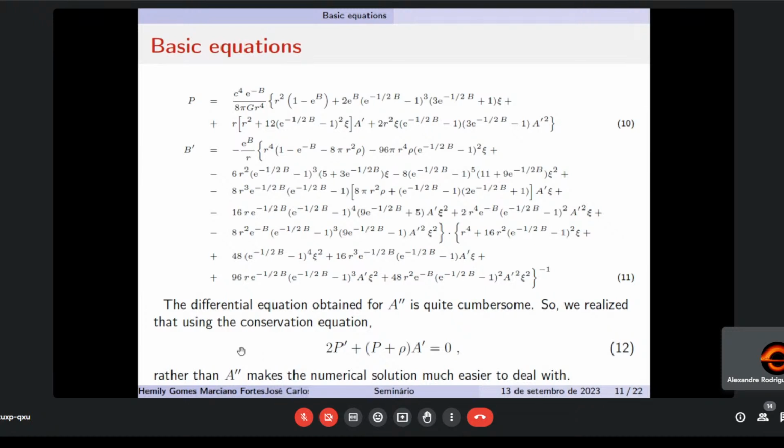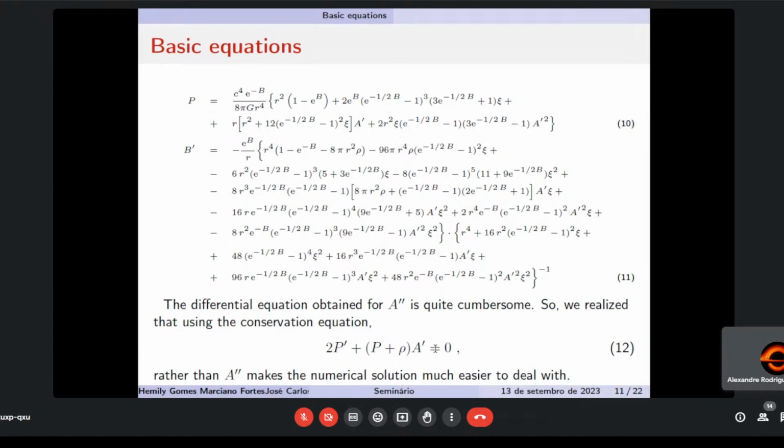And there are some works in the literature which deal with it, using, for example, A double prime, and they must perform some perturbative calculation or approximation to deal with the calculation, because it is hard. So making this change, the calculation becomes very easy.